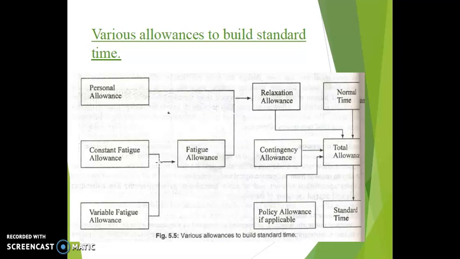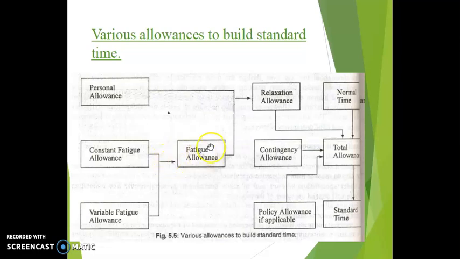It is impossible to work continuously during a shift. Even under the best working method, the job will still demand the expenditure of human effort, and some allowance must therefore be made for recovery from fatigue and for relaxation. Hence, the allowances must be made to enable the worker to attend to his personal needs.